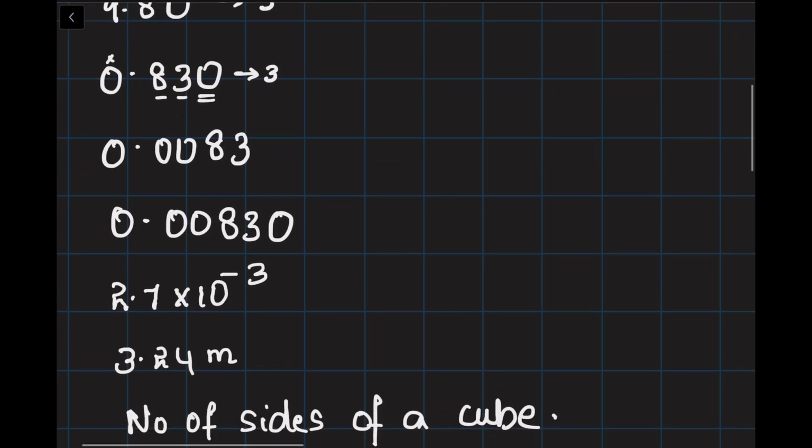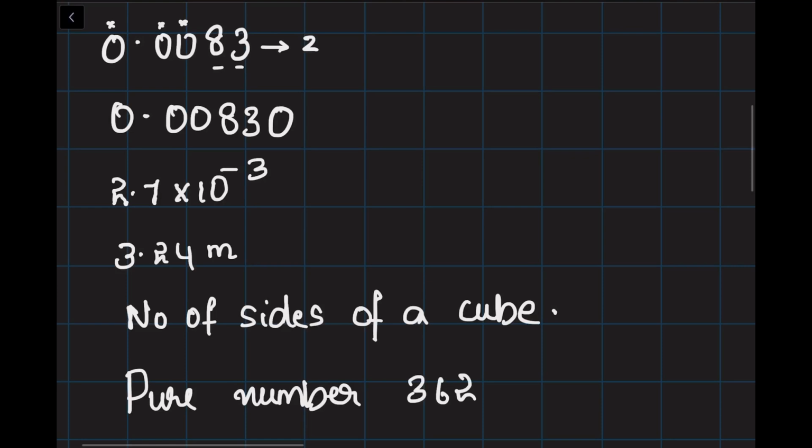Here once again you can see that 2 zeros are preceding the numbers 8 and 3, so these zeros are not significant. We have 2 numbers over here, so the number of significant figures is 2. Here also we have one zero at the end, so it is significant.